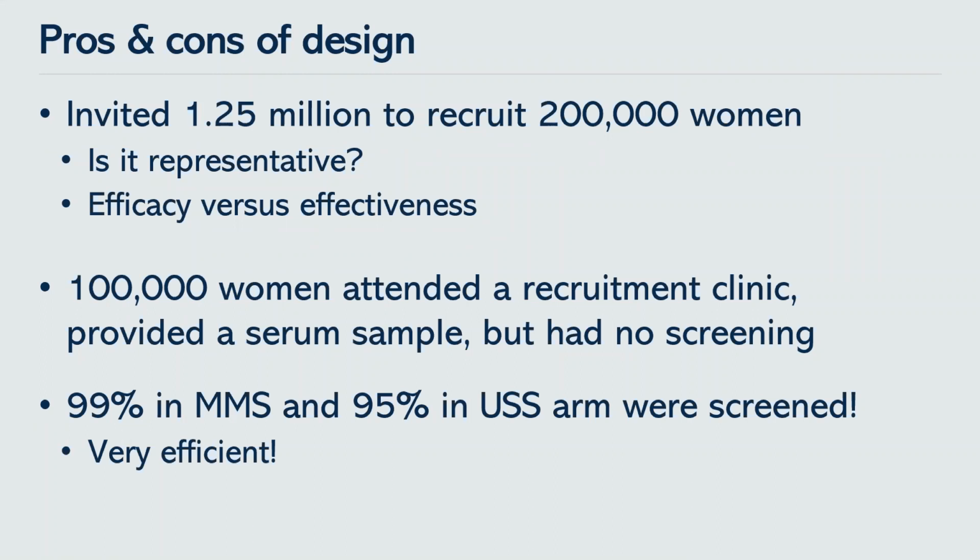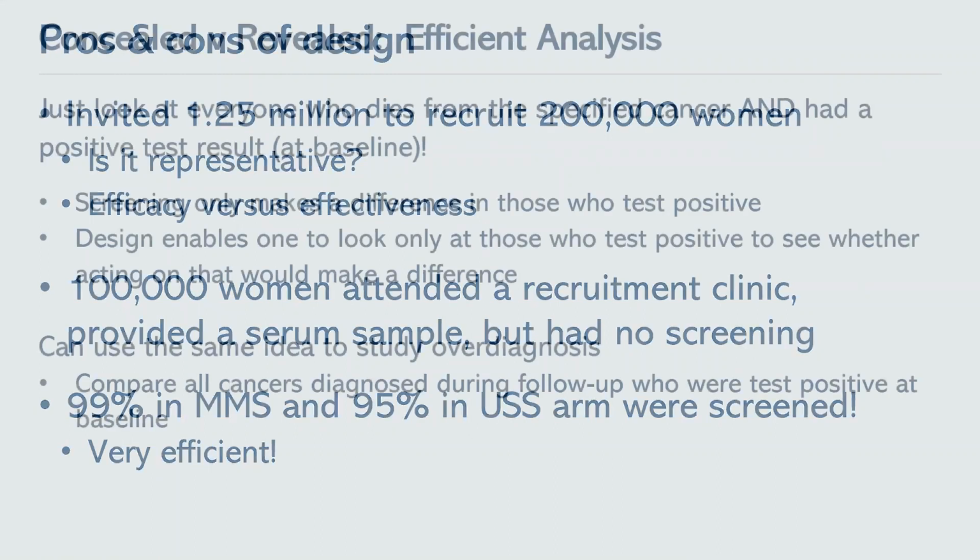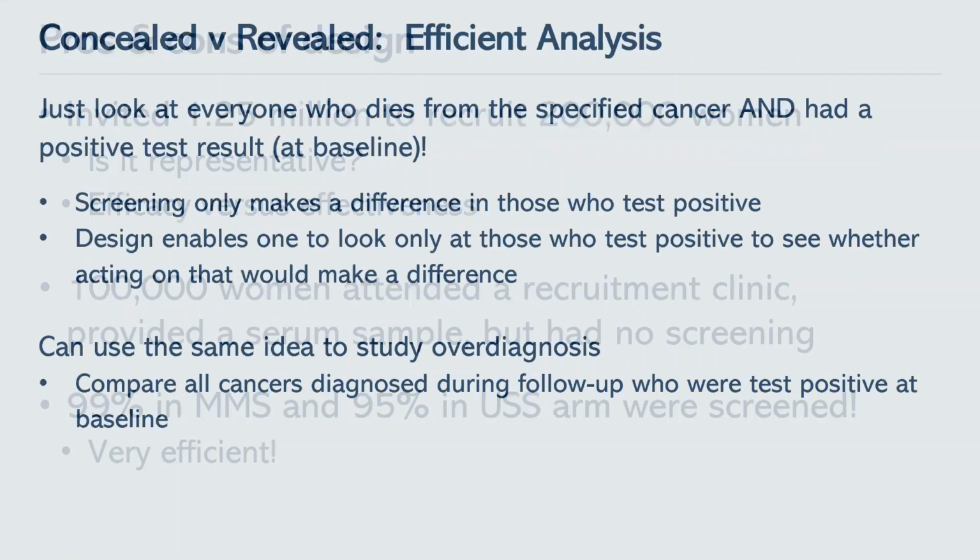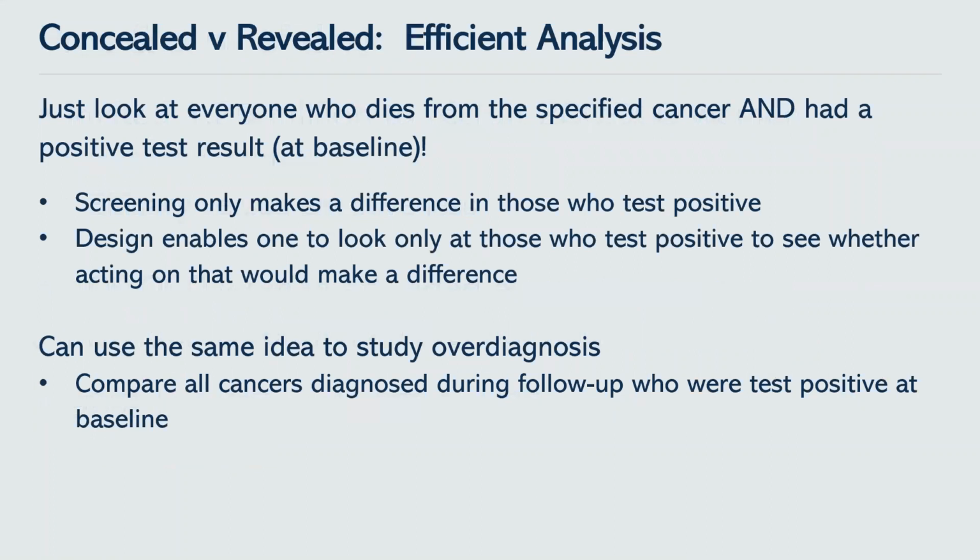Is that okay? They'd all consented to it. I think it probably is. But it meant that 99% of those in the multimodal arm, who essentially were going to have a CA125 test on blood, and 95% of those who needed to have ultrasound were actually screened. So it was a very efficient design.